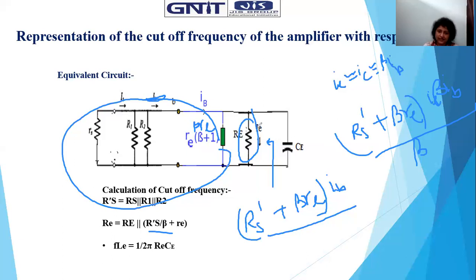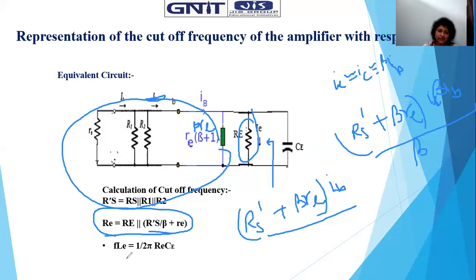Now it is the current I that is flowing, as we have considered after the adjustment. That's why R_S dashed by beta plus RE in parallel with RE. That is the total equivalent resistance we found looking from C. What is the Thevenin equivalent resistance? Right? Then what is C equivalent? That is C only.